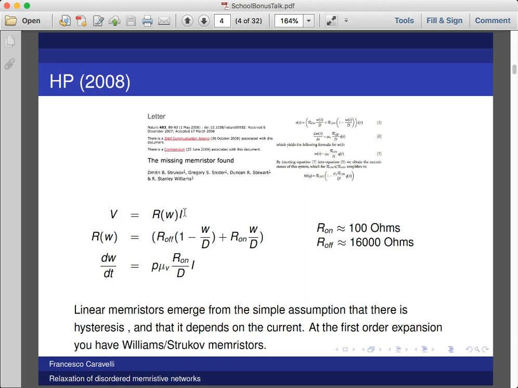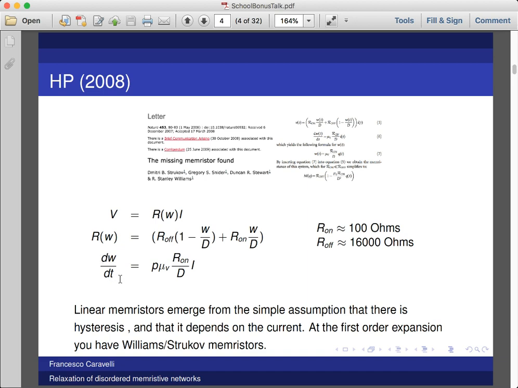The voltage current relationship is the one they described in the previous slide, but then they also gave an explicit formula for the resistor, where they noticed that basically the resistor is going to be a convex sum of two limiting resistances, where the weighting factor is proportional to a parameter W, and W goes from 0 to D, or if you normalize it between 0 and 1, basically you can remove the D from here.